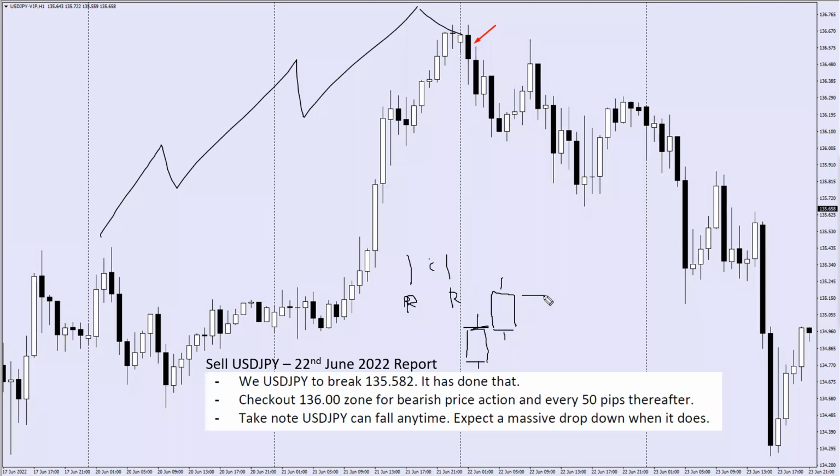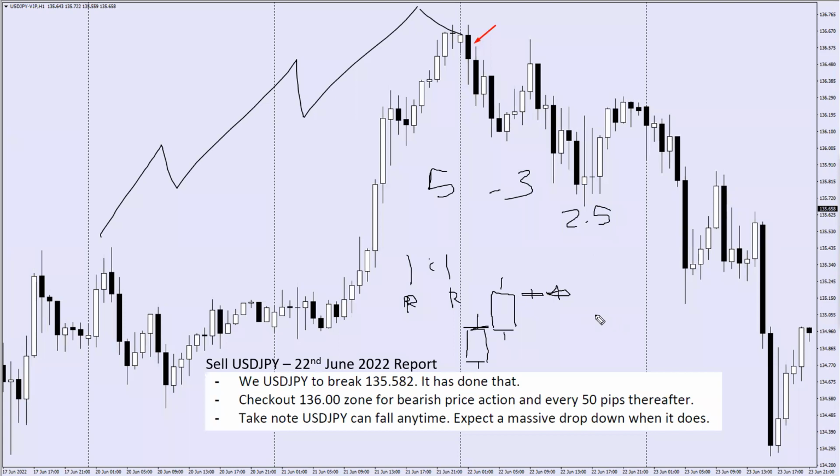And then what happens next? Price stalls around this area. This will get me nervous. And usually in this kind of situation, I will probably start taking out some profits. So let's say I put in 5 lots of entry, I may take out 3 lots or 2.5 lots.